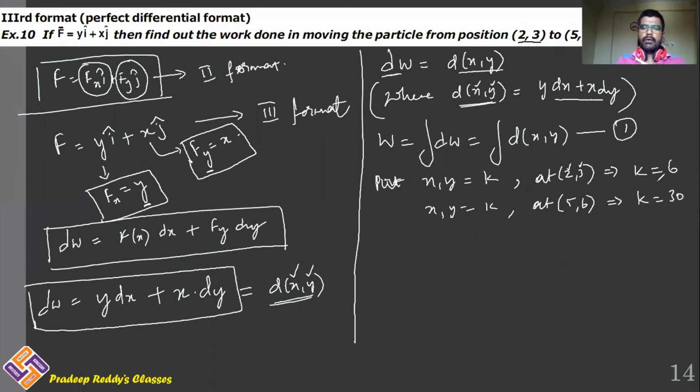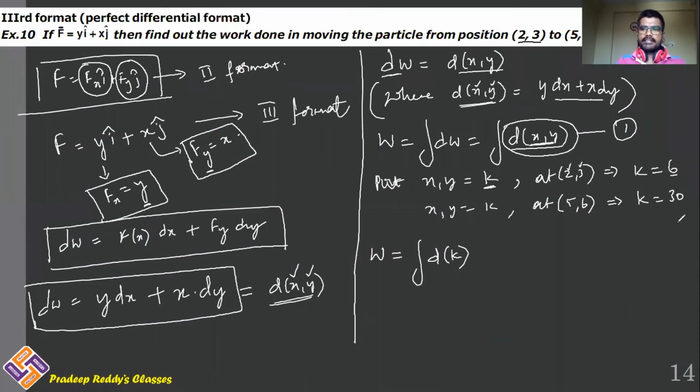Now I want to calculate net work done here, and that net work done W is equal to integration. I have considered this d of x comma y as k, so I'll simply write it as d of k. What are the limits for k?